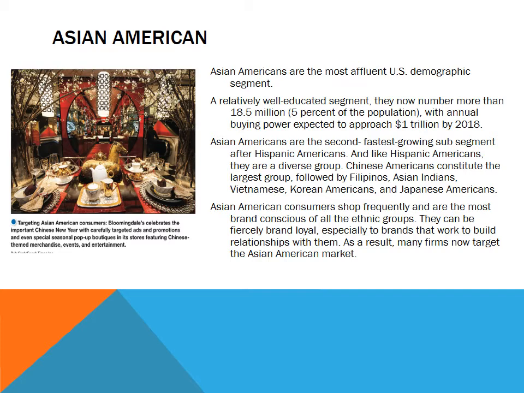They shop frequently online, and are mostly brand conscious of all the ethnic groups, and brand loyal. It really works if the brand can create a good relationship with them, and a lot of firms now target the Asian American market. So here are some characteristics.